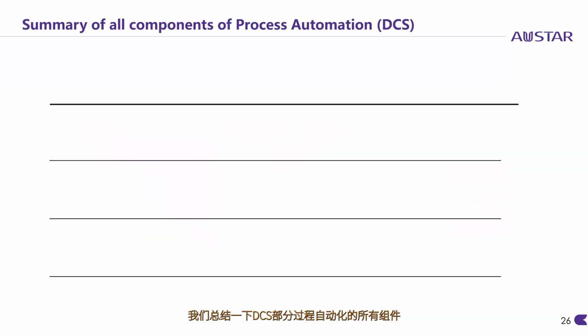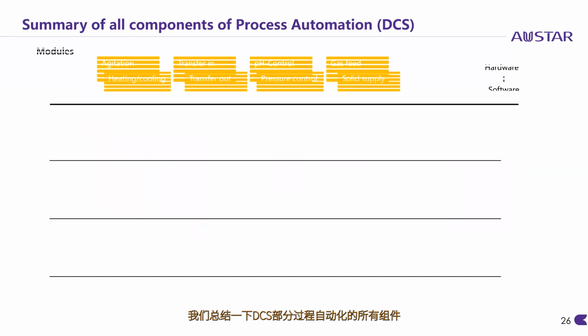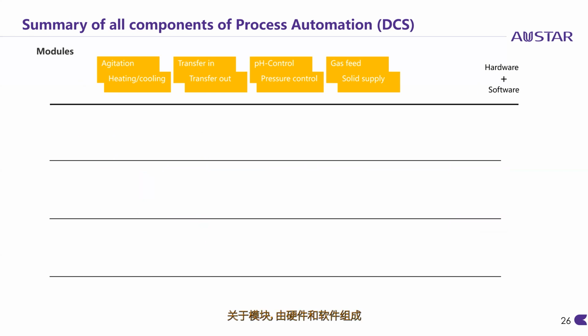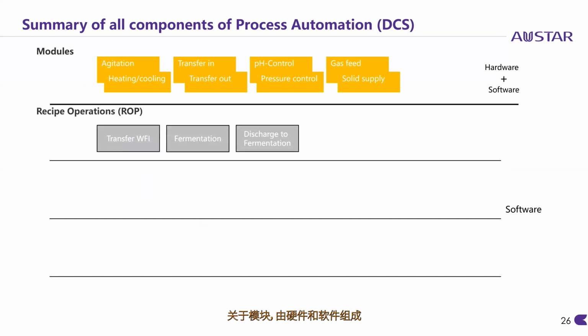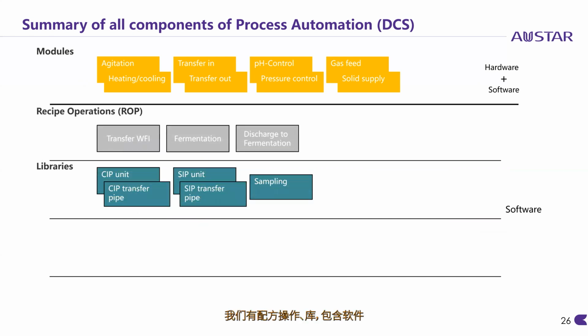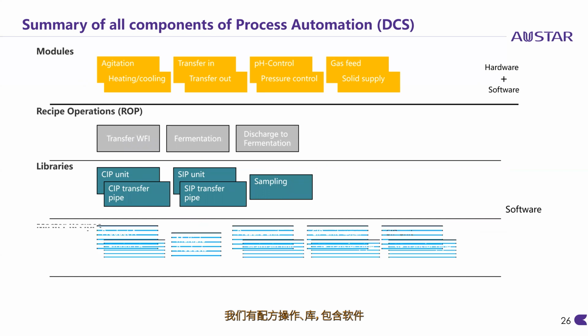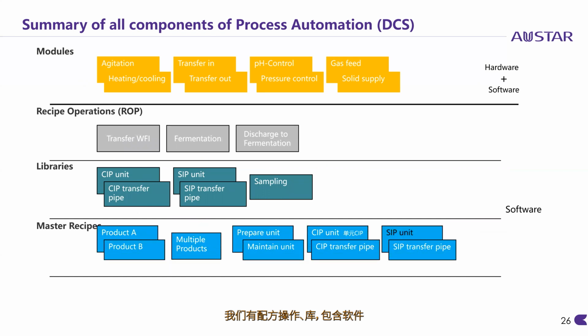So I would like to summarize the software components, or all the components, of process automation and the DCS part. We have modules, which contain hardware and software. Then we have recipe operations and libraries, which contain only software. Libraries and operations are normally combined into master recipes, which we can reuse for a certain batch when they are copied to so-called control recipes.